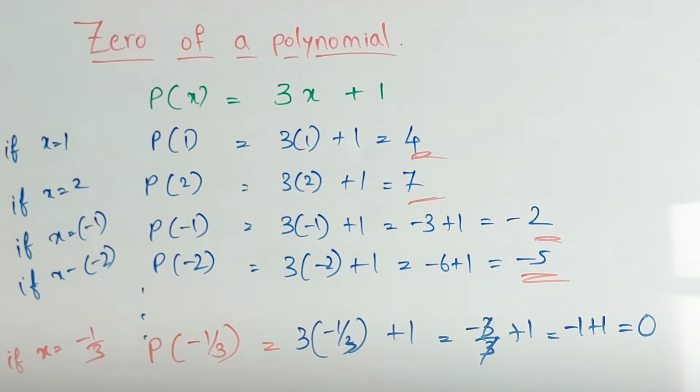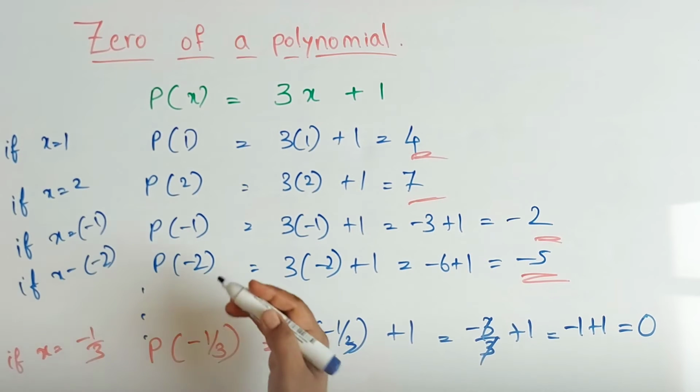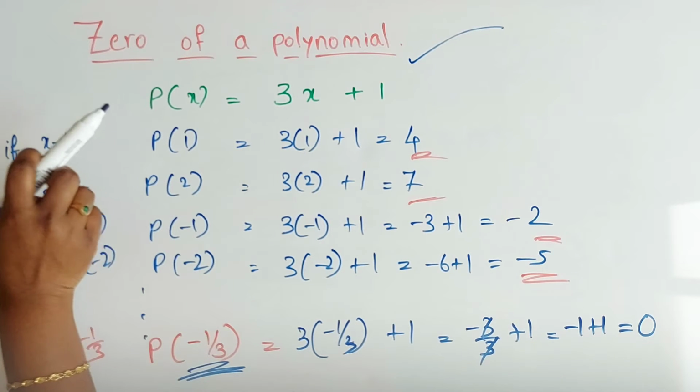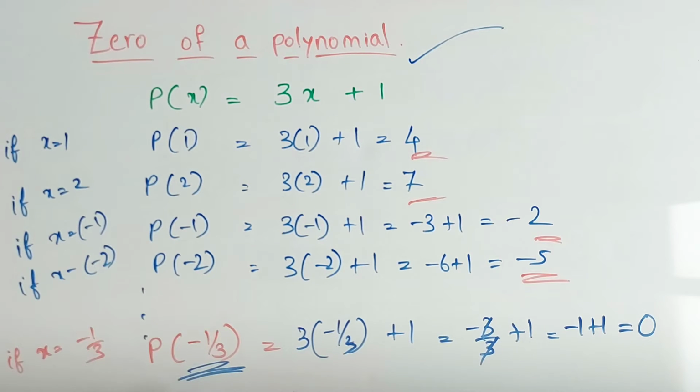Now we are checking all the points: P of 1, P of 2, P of minus 1, P of minus 2. At one particular point, the answer is 0, the polynomial value is 0. That point is called the zero of a polynomial. Here the zero of the polynomial is x equal to minus 1 by 3. Only when x equal to minus 1 by 3, the polynomial answer is 0. So the zero of the polynomial is minus 1 by 3.